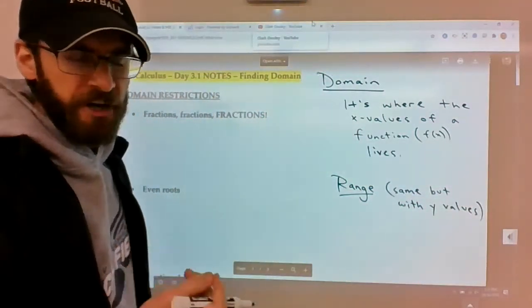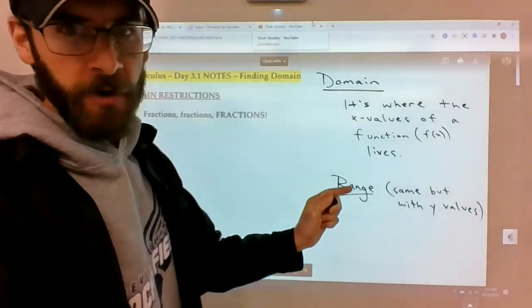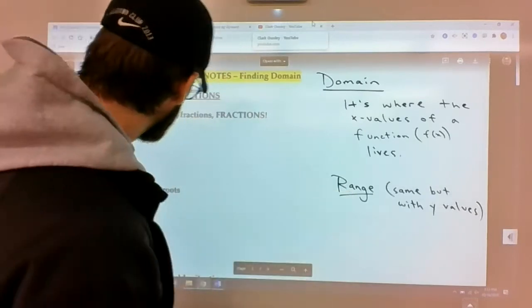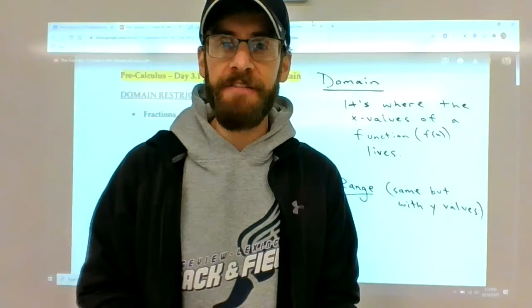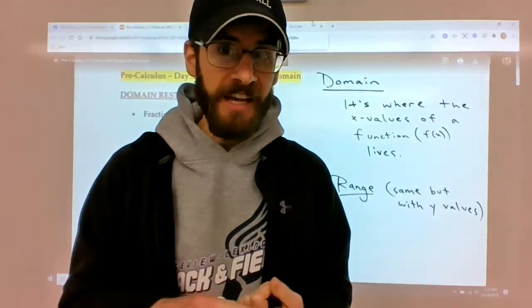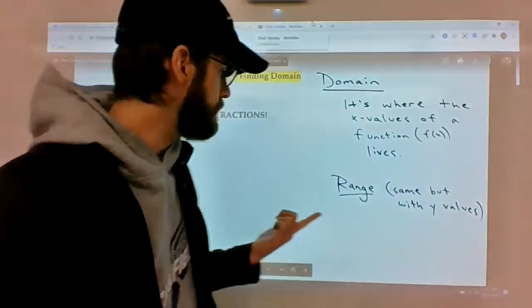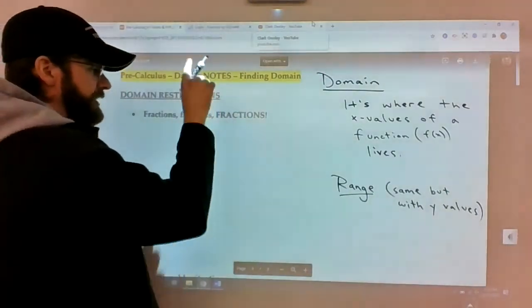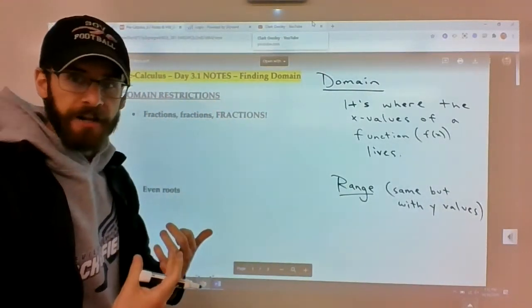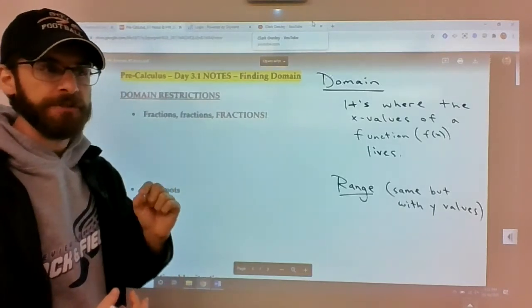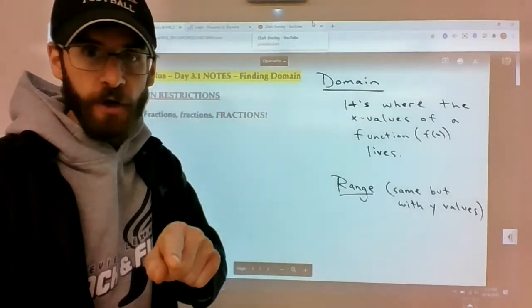So where would a function not be able to input somewhere? Well, I think we already have an idea for that from the graphing chapter. Asymptotes, right? Whenever you have a fraction with variables on the bottom, you are opening yourself up to asymptotes or even holes in the graph.